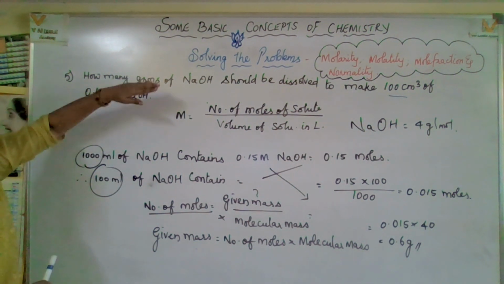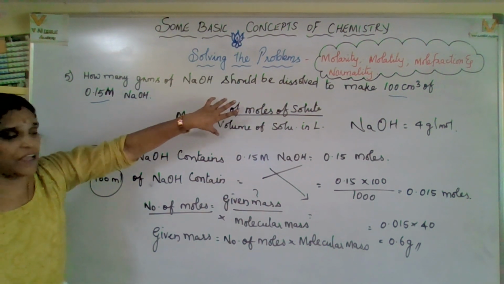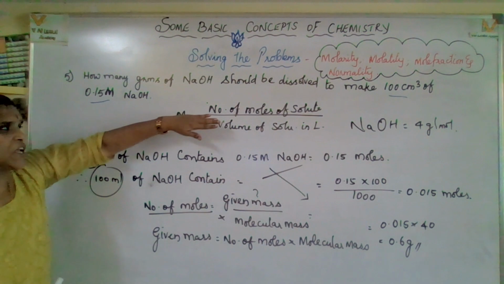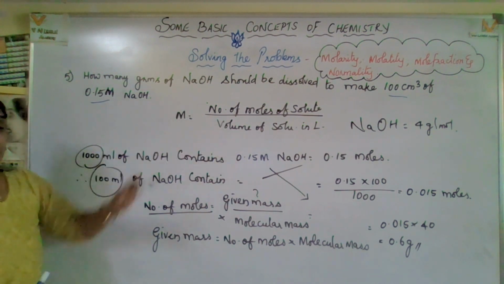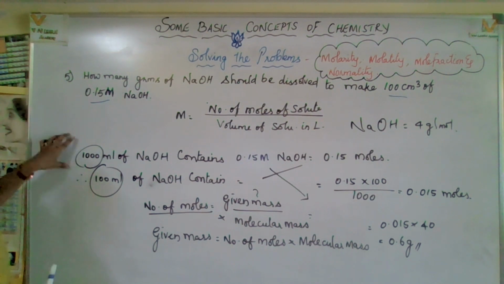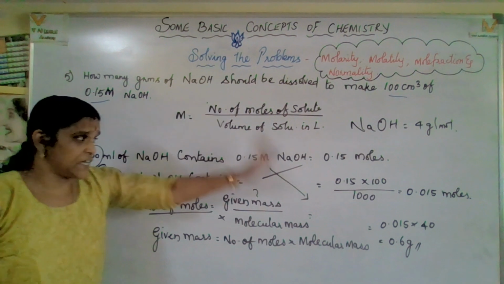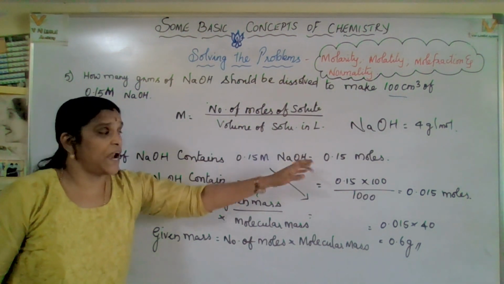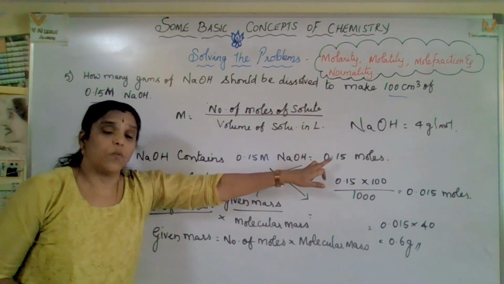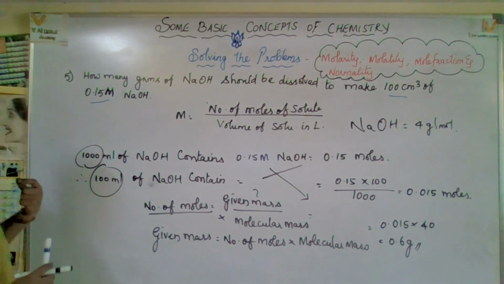I hope you got a clear idea how to identify this question. First and foremost, from the basic idea, the general formula: molarity is equal to number of moles of solute divided by volume of solution in liter. In that, 1000 ml contains this much molarity, the same molarity, that is 0.15 moles only. That is the general idea to get the trick.